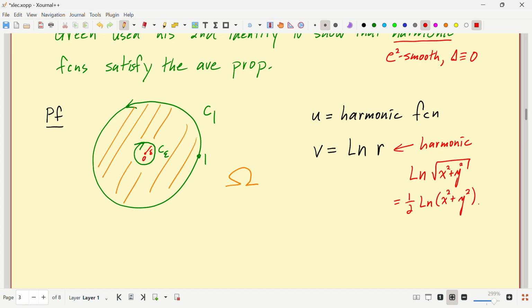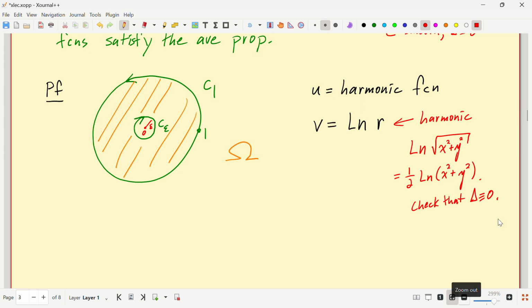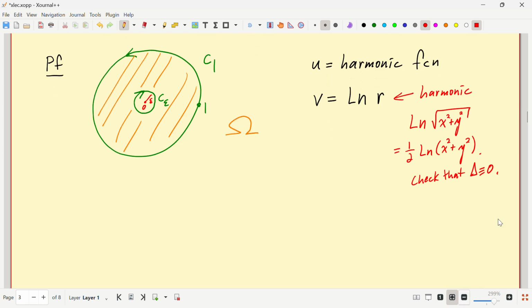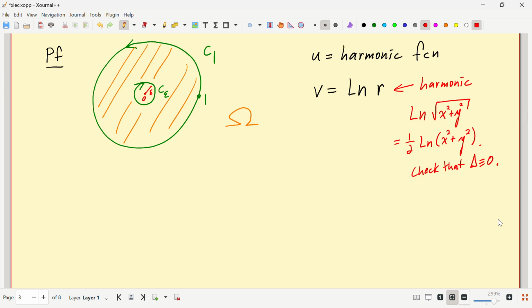Check that the Laplacian is equal to 0. It has just the right singularity at the origin to spit out the averaging property, and that's what Green realized. In fact, that's the Green's function for the point 0, and thinking about these things led him to invent the Green's function.